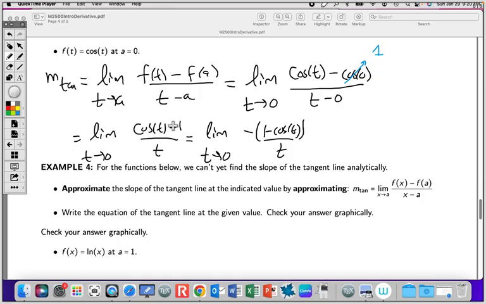We know that as t goes to 0, 1 minus the cosine of t over t goes to 0. So using properties of limits, we can say, well, this is going to go to the opposite of 0, negative 1 times 0, which is 0. That means the slope of our tangent line is 0. So that means we actually have a horizontal line.